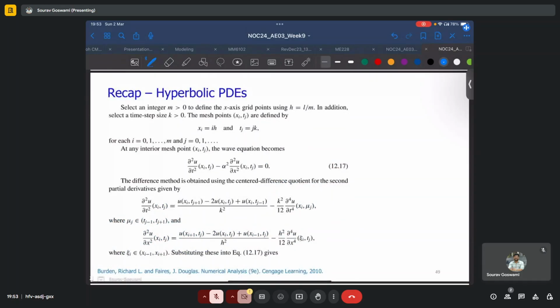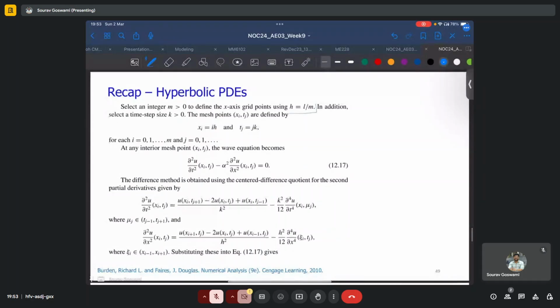And how we go about solving it is that we select an integer m greater than 0 to define the x-axis grid points using h equals L by m. Again, we have to select a time step size k which is simply greater than 0.